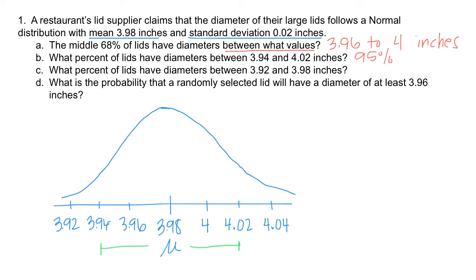All right, now let's do C. What percent of lids have diameters between 3.92, that's here, and 3.98, that's the mean right in the middle? So I want just this area.